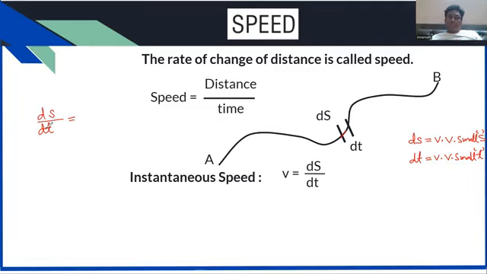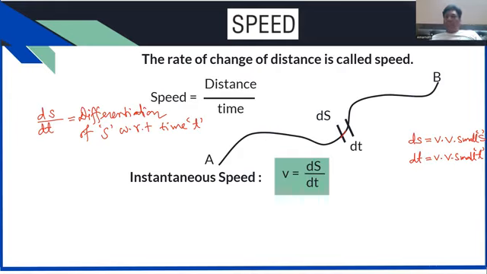We read it as differentiation of distance with respect to time. This is a big formula. We should better keep it in a box.